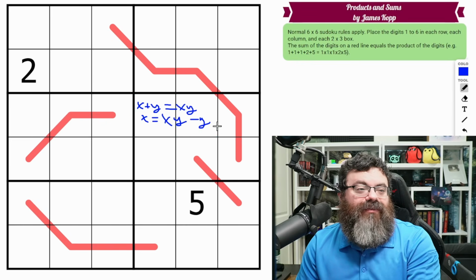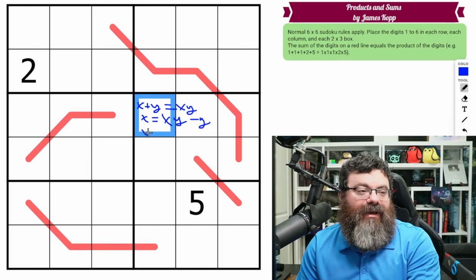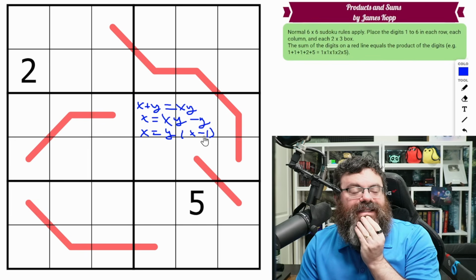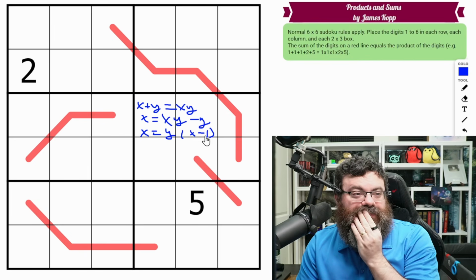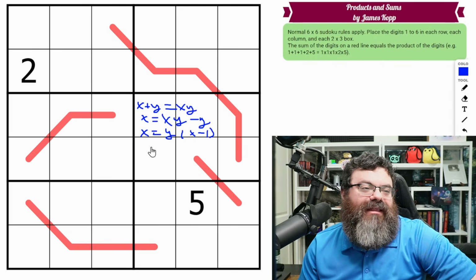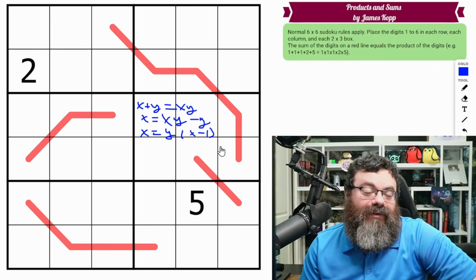And so now we can regroup by pulling the y out. So x equals y times x minus 1. So we need x to equal y times x minus 1. And because this is symmetric, we know the same thing, that y is equal to x times y minus 1, for what it's worth.